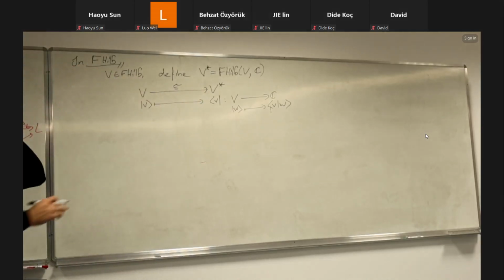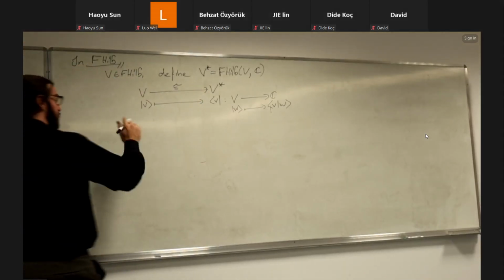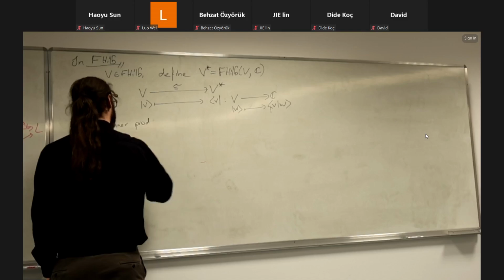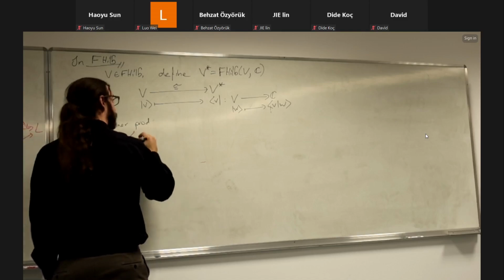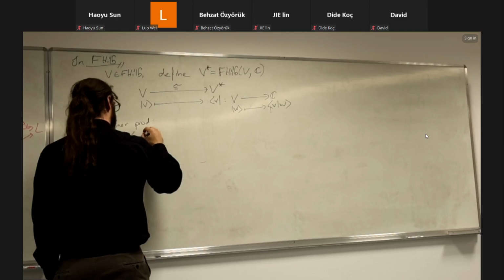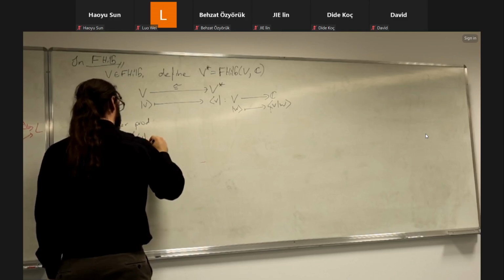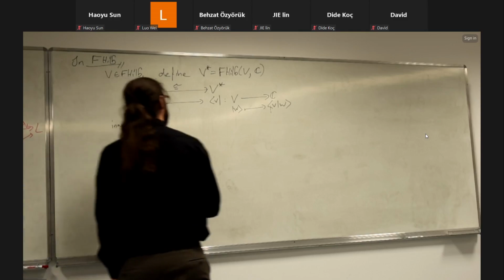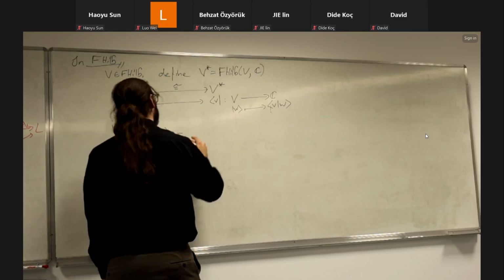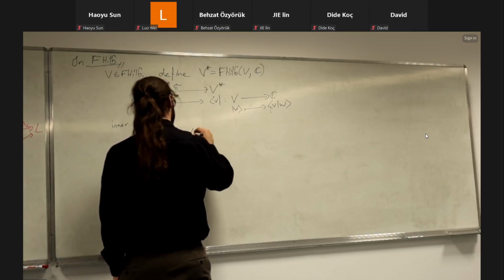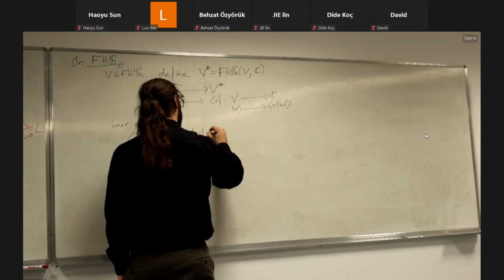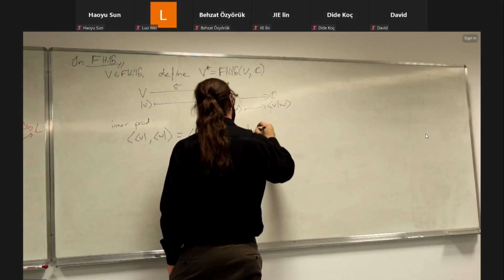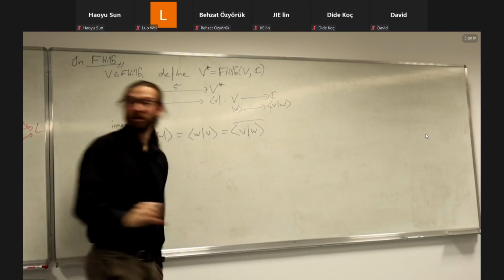And we can use this to put an inner product on V star, namely, well, the inner product of V with W will be, let's see, W, V, so V, W, complex conjugate.